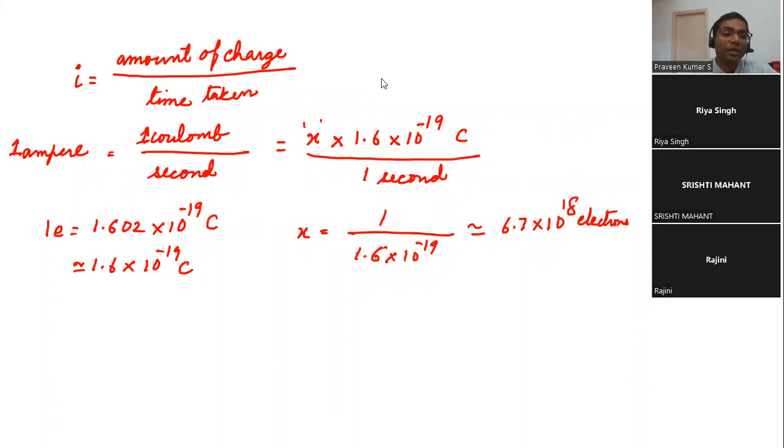Suppose I make this question a bit more complicated. I'll say there is a 5 ampere current flowing. Now I'll ask you how many electrons will flow in 1.5 seconds if there is 5 amperes of current flowing.